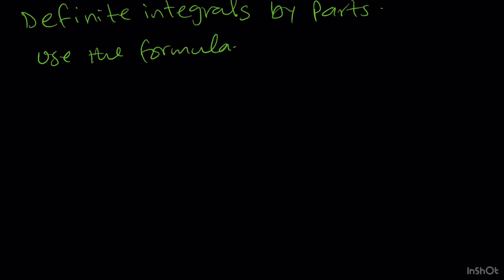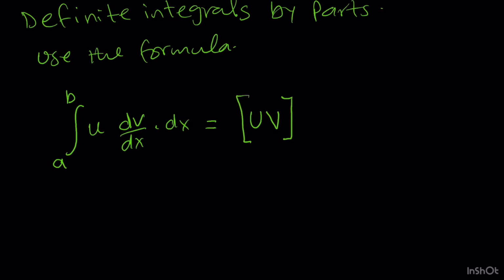which is, if you have integration from a to b, these are the limits, of u dv over dx, equals the uv, but you apply the limit to it, so from a to b, minus the integration from a to b of v du over dx.